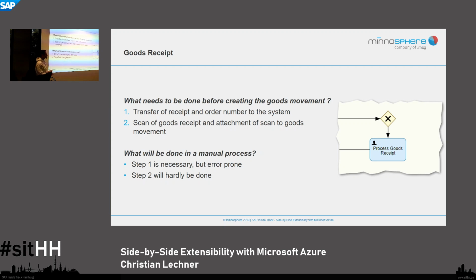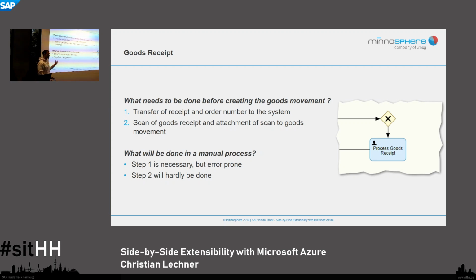He has to key in the order number by hand on a beautiful SAP GUI screen, but it has to be done. And step two, scanning the document and attaching it to the goods movement, is something that will not happen. This paper sheet will suddenly vanish in a black hole when the goods movement was created.